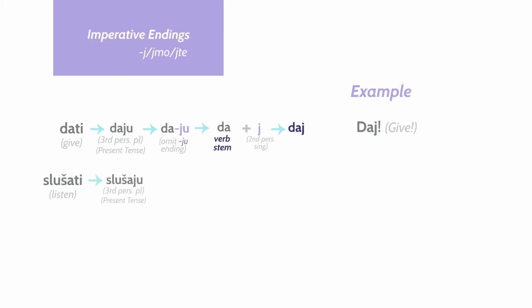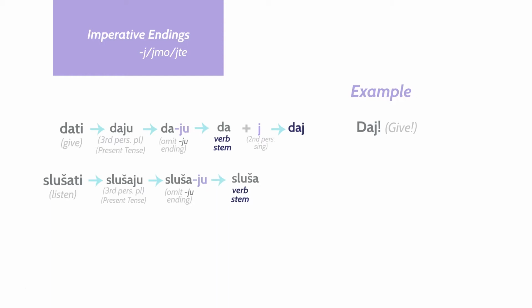We do that by conjugating the verb slušati in present tense third person plural, which is slušaju. We notice the ju ending for present tense and we omit it. We get sluša, which is our verb stem.